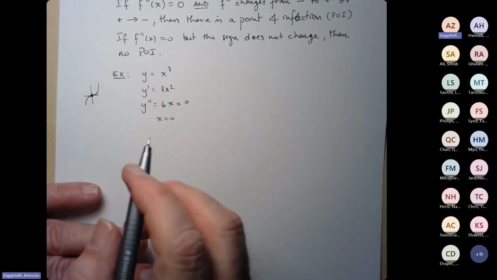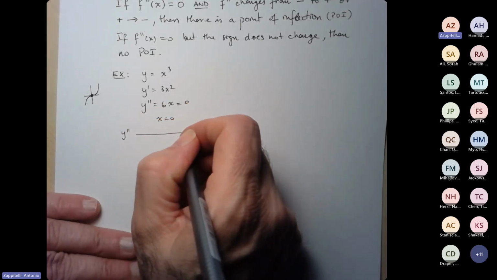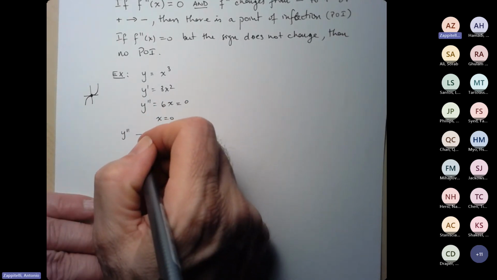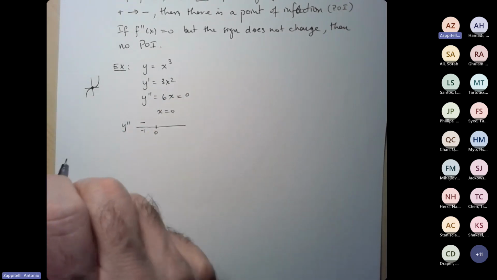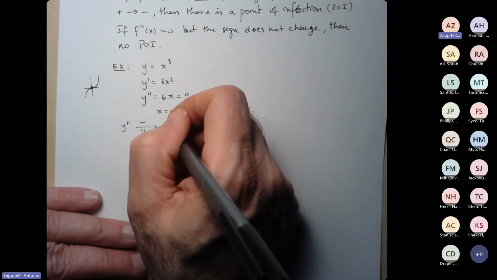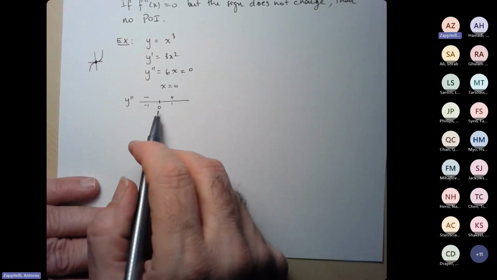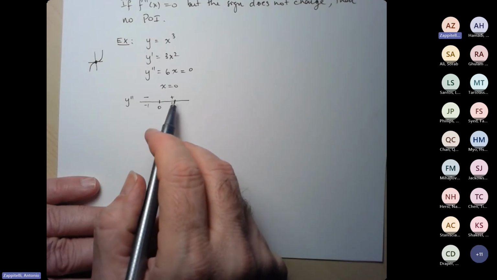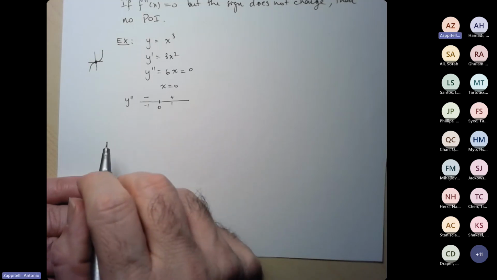Okay, and now I'm going to do what I did before. I'm going to test the sign, but now the sign of the second derivative. So 0. So let's put in -1. What's 6 times -1? It's a negative number. Let's put in +1. 6 times 1 is a positive number. And so at 0, is the second derivative equal to 0? Yes. Does the second derivative change sign at 0? Yes. Okay.